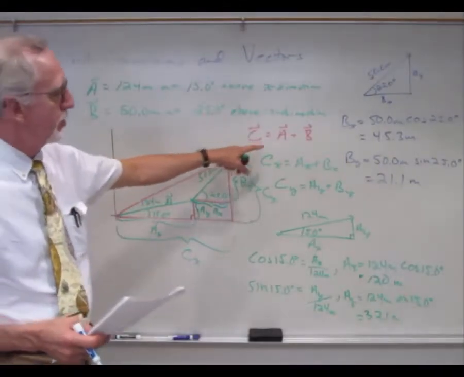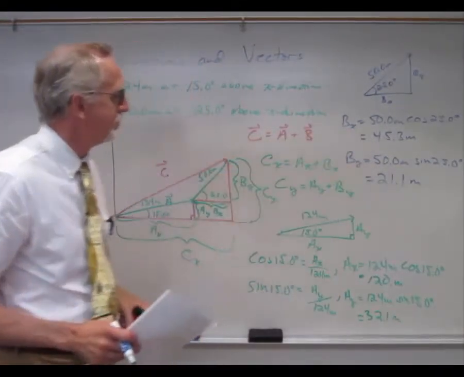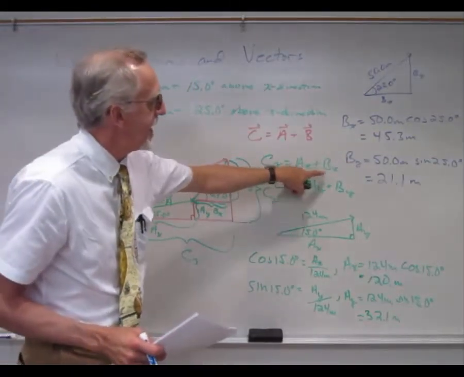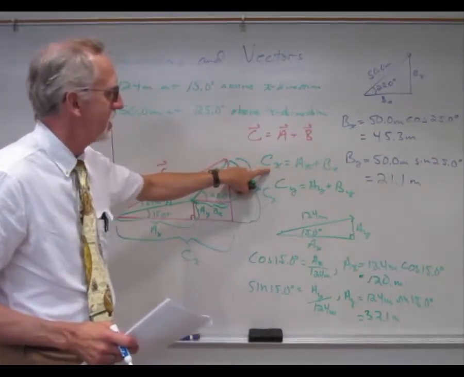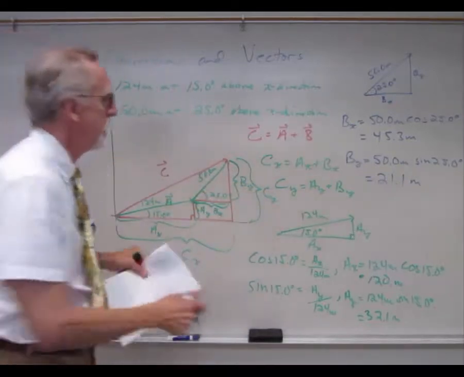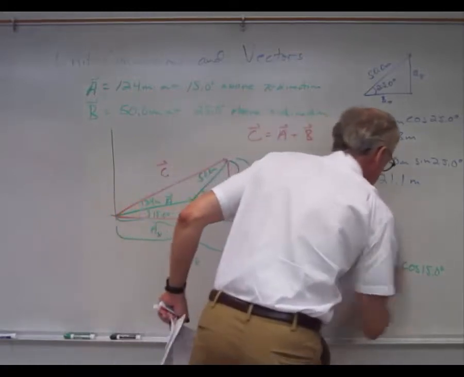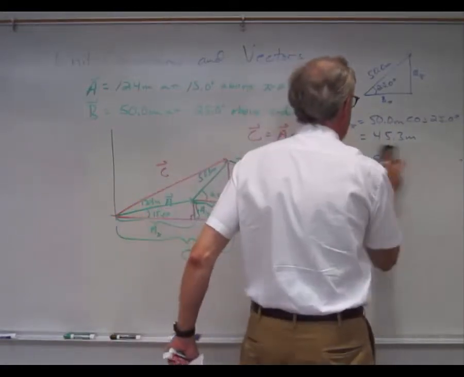So we have both Ax and Ay and Bx and By. We're going to combine Ax and Bx to find Cx. We're going to combine Ay and By to find Cy. So I'm going to erase all of this part here and this part here.